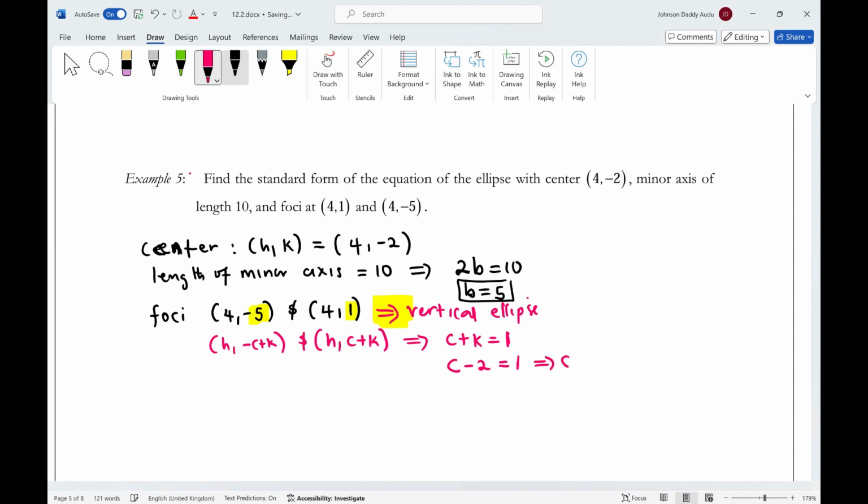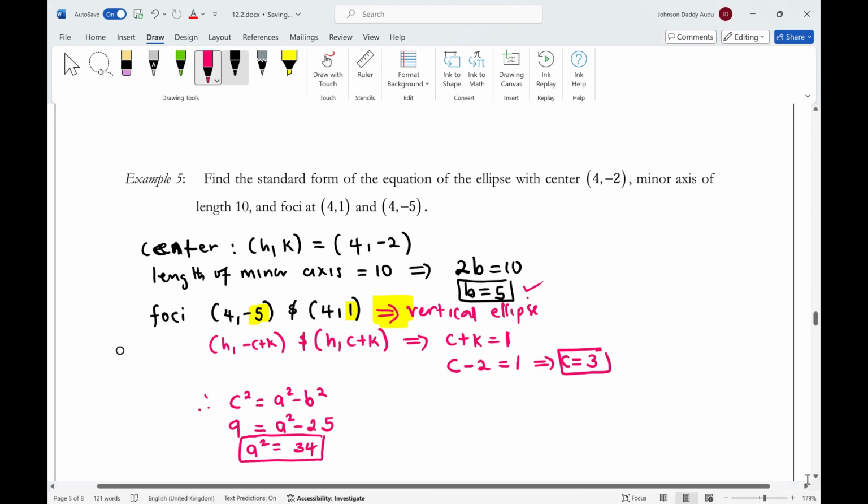And that means that our c is equal to 3. Now we know what c is. Also, we know that c squared is equal to a squared minus b squared. That means that c squared is equal to 9, and this is equal to a squared minus b squared, where b squared is 25, because we have b from here. So we can find a squared, which is just going to be 34.